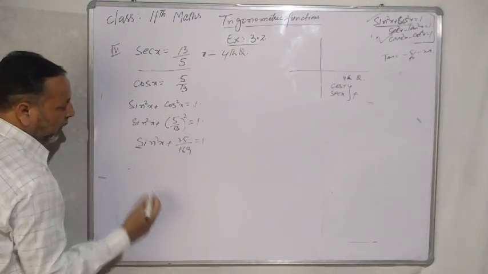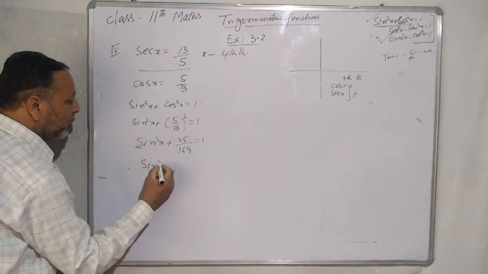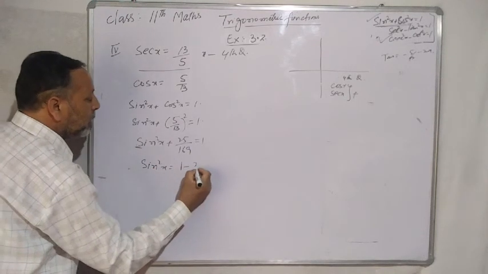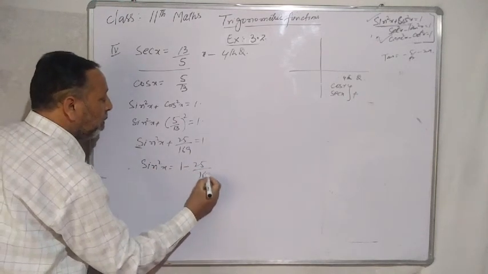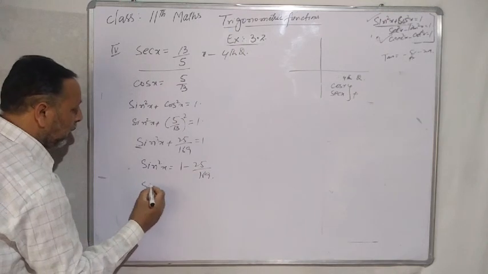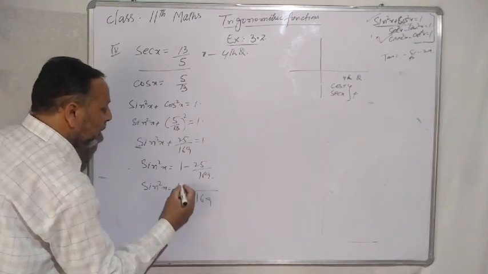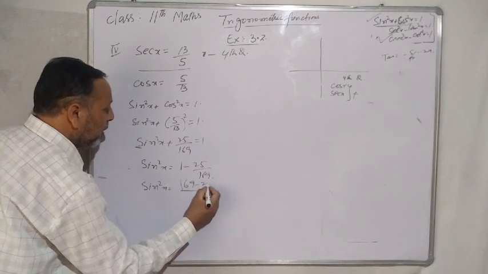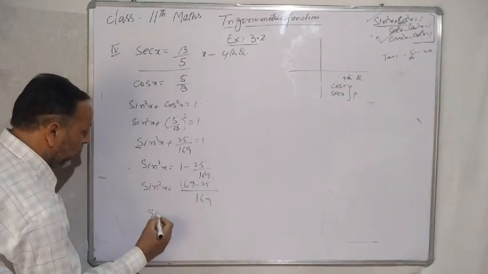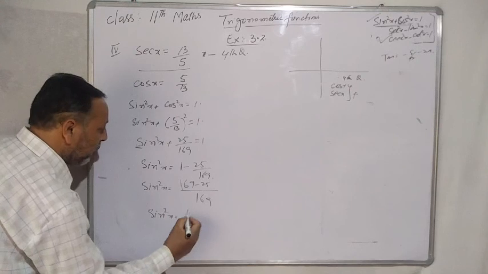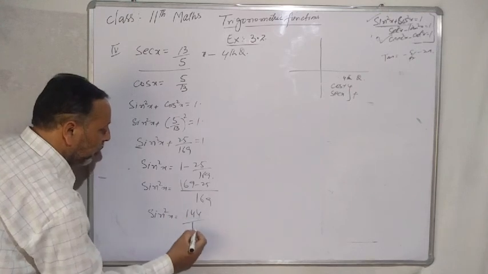So transpose 25 by 169. It means sin square x is equal to 1 minus 25 by 169. It means sin square x is equal to, take 169 as LCM. 169 minus 25. It means sin square x is equal to 144 over 169.